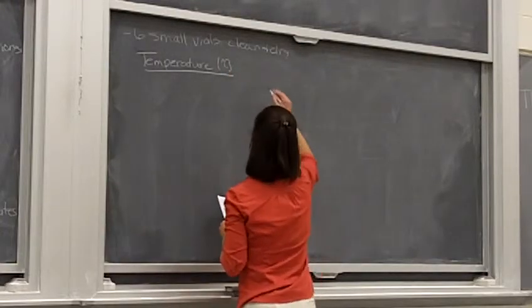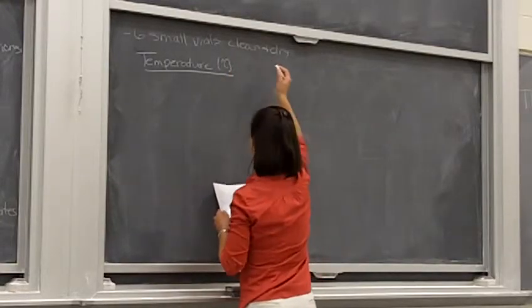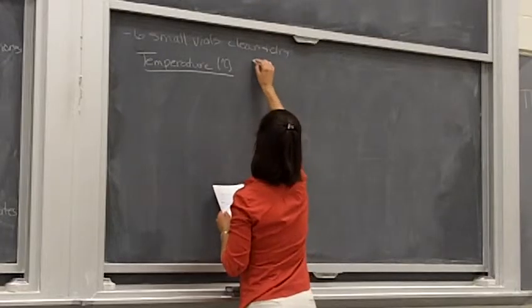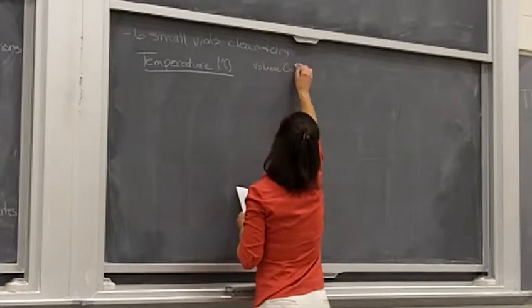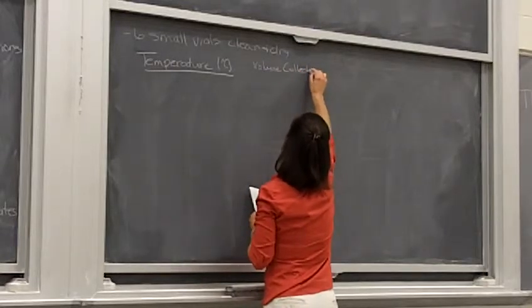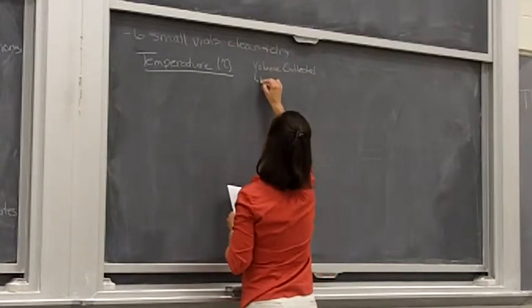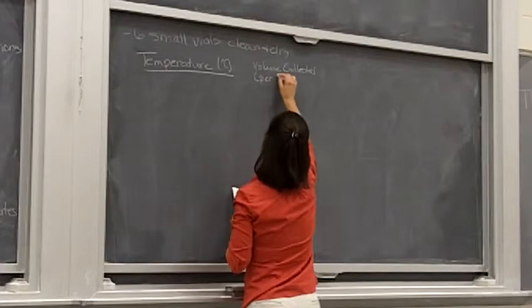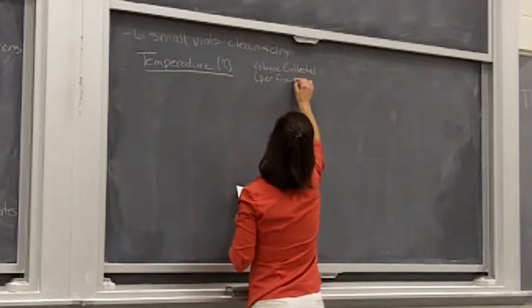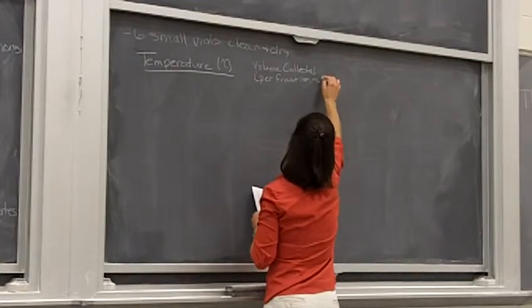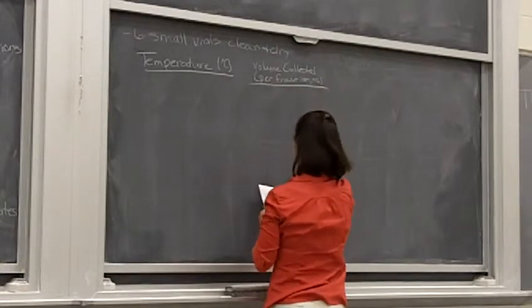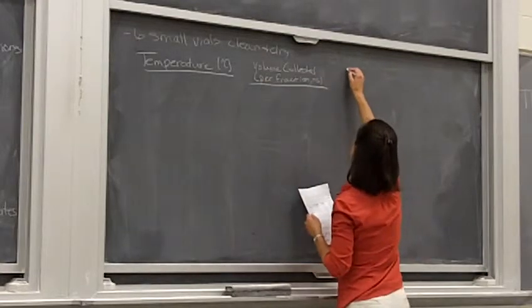You're going to have a column for the volume collected per fraction. It's going to be in milliliters. You're going to have cumulative volume.